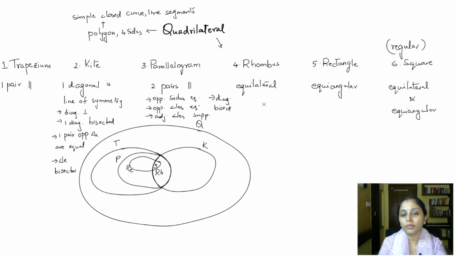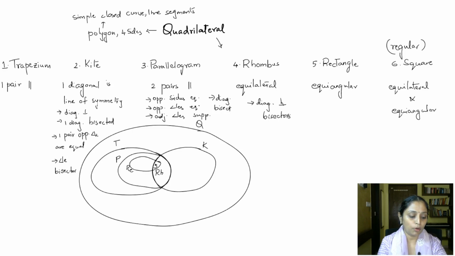And then coming to rhombus, we have seen that all the properties of parallelogram hold true for a rhombus. Additionally, the diagonals are perpendicular to each other, correct? And do they bisect each other? They in fact bisect each other because the rhombus is a kite with two lines of symmetry. So the diagonals are perpendicular bisectors of each other, right?